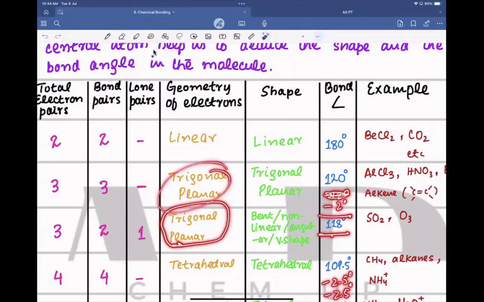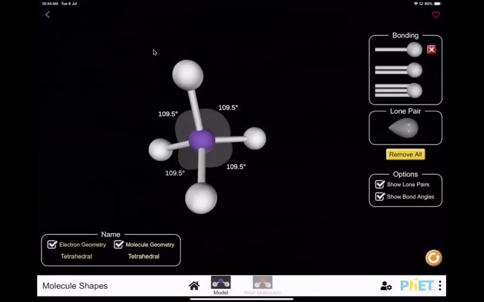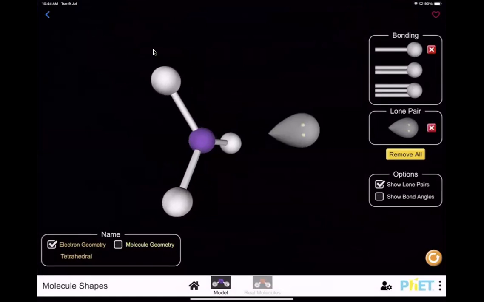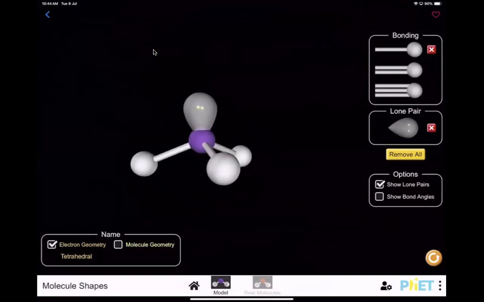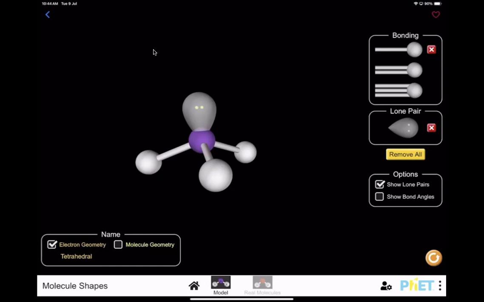Okay, sir. Let me remove the bond angles and the molecular geometry, as you have already predicted. If I replace one bond pair with a lone pair, the electron geometry is again tetrahedral, right? Yes, sir. Now, if you look at the shape, can you decide which shape it would be? Is it a bent tetrahedron?